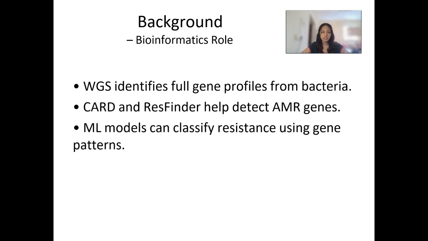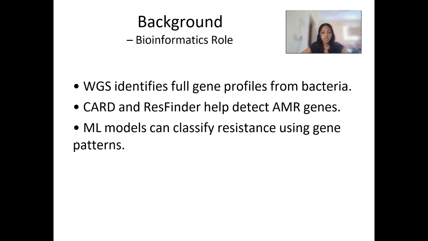Genome analysis and machine learning. Whole genome sequencing, also called WGS, gives a complete map of the DNA of a bacterial strain. This allows us to detect any AMR genes present. In this project, I used the CARD database, which contains information on over 2,500 resistance genes.